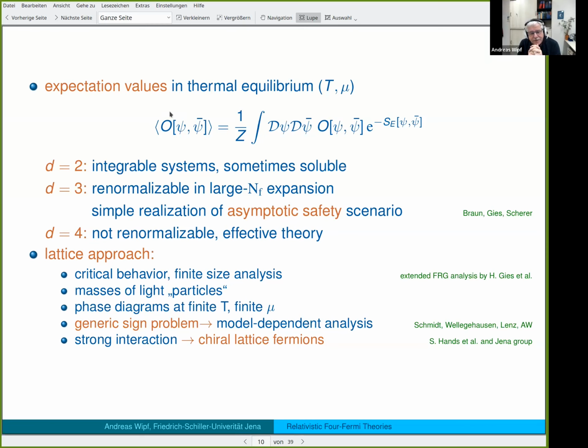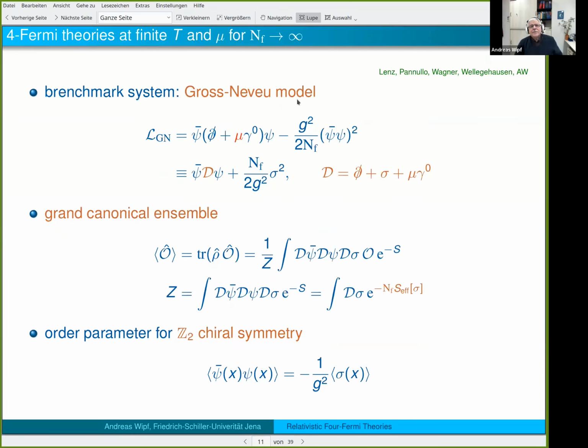For example, staggered fermions may be very problematic, which we have learned from studying the Thirring model in 3 dimensions. But that's another story. Now, let me take probably the simplest of all Four-Fermi theories, or the second, maybe the Thirring model is simpler: the Gross-Neveu model, to be specific, but again, many results hold for more general Four-Fermi theories.